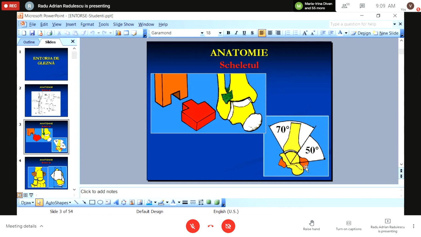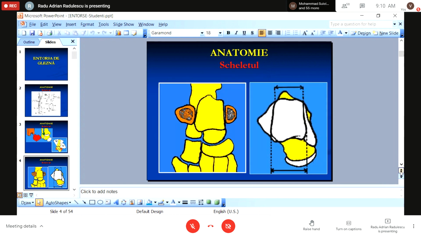So again, probably I've told you this many times, we must always examine a joint after we examine the contralateral healthy joint, because some people, like I said, especially young women, have a physiologically high degree of motion, which may put us in confusion when we examine a damaged joint.